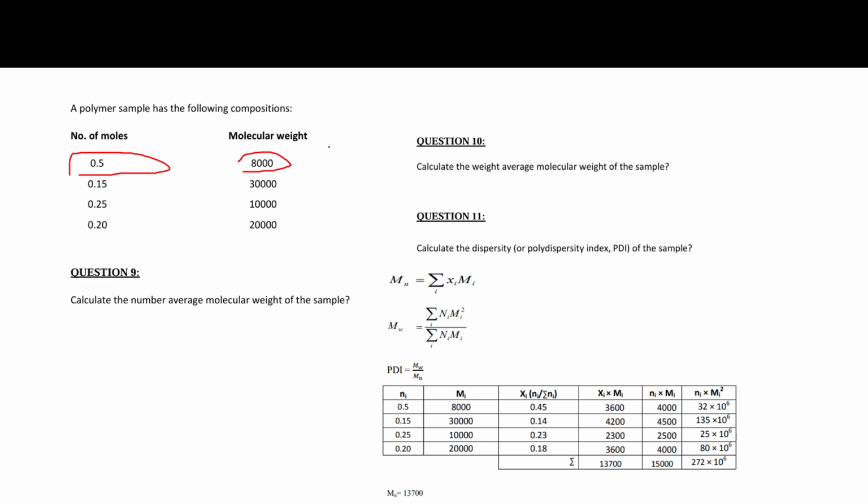If not, this will be the 9,940. So first you have to calculate the number average molecular weight.